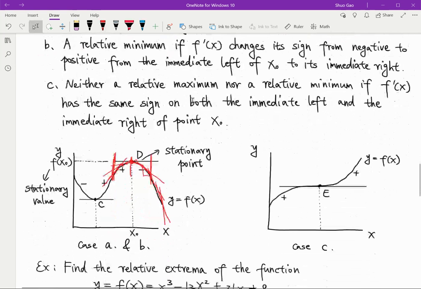And for the second case, if f prime x0 equals 0, it may also indicate that it's a relative minimum, if the derivative changes its sign from negative to positive from the immediate left to the immediate right.